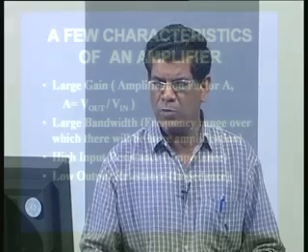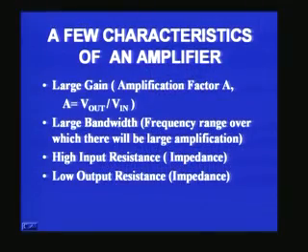There will be a few frequencies it will amplify very well. There are certain other higher or lower frequencies the amplifier will not be able to amplify. Therefore bandwidth is one characteristic which helps us to judge how much an amplifier can amplify with reference to frequency range, and that is a very important thing.